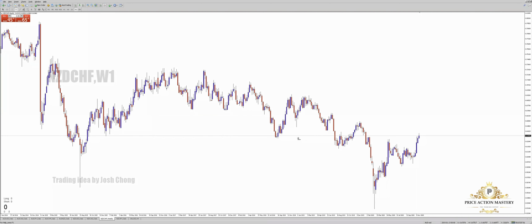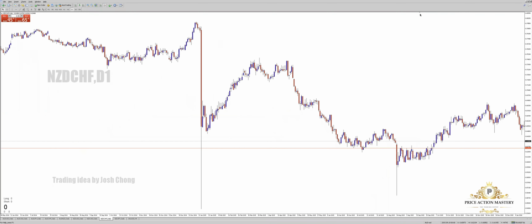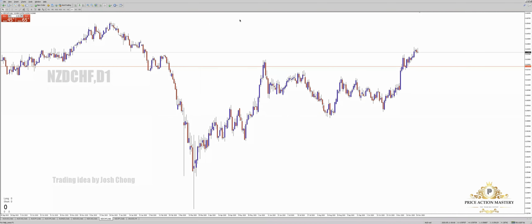So yes, these will be my key line levels. Let me look into daily. For daily, I'm going to see the market drop to this level, and then we're going to see upside exposure. So I'll wait for a buy.